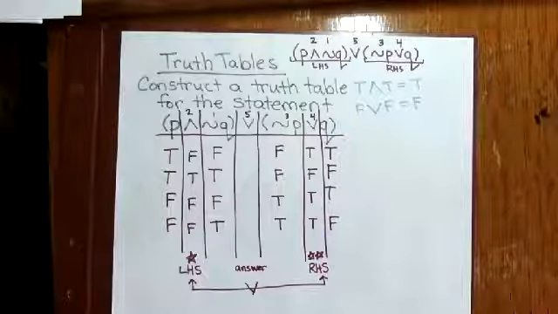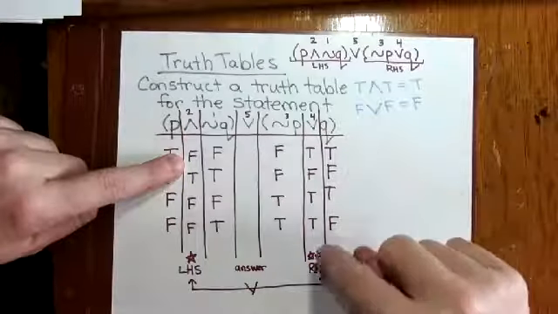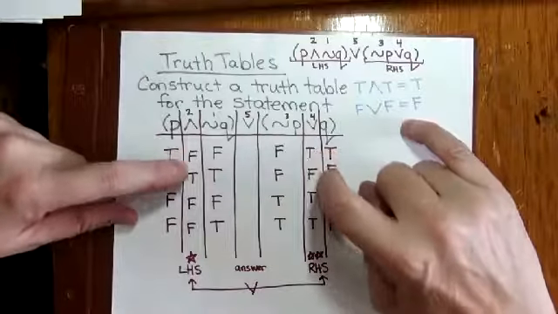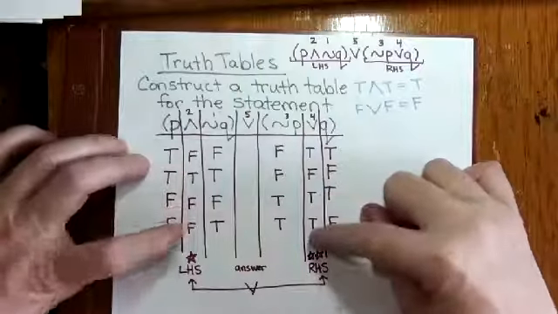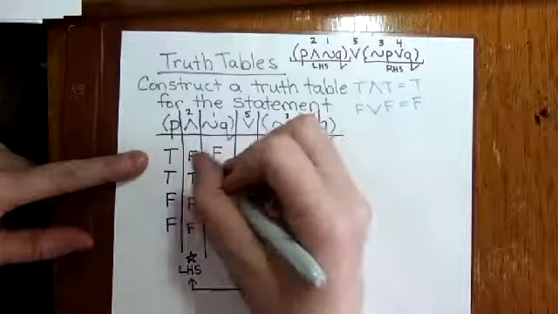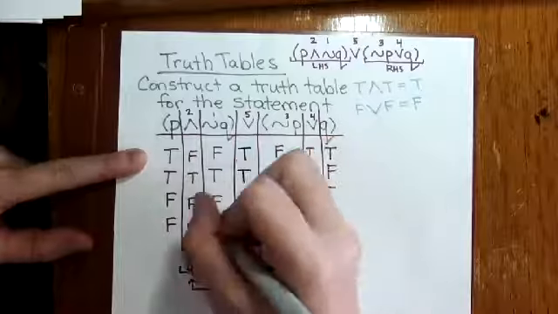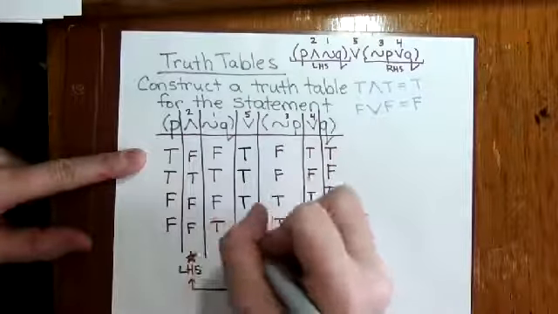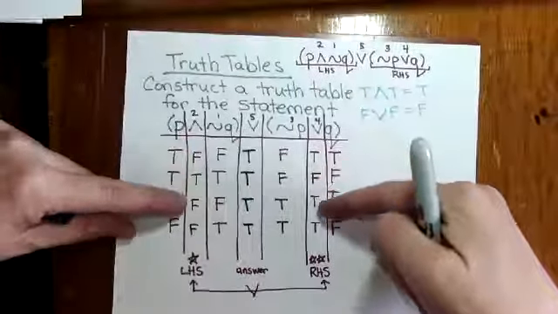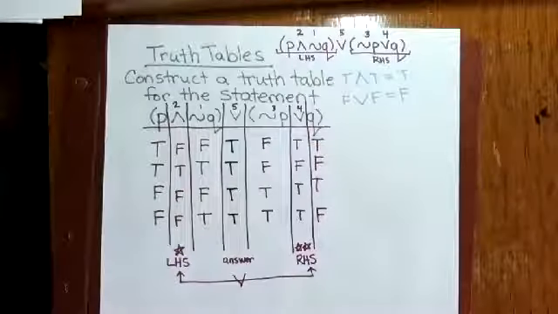So if we look at the correct columns and use our OR, then if we have two F's, we write an F. And we have TF, so true, FT, so true, TF, and TF. There were never two F's on a row, so this is our answer column here.